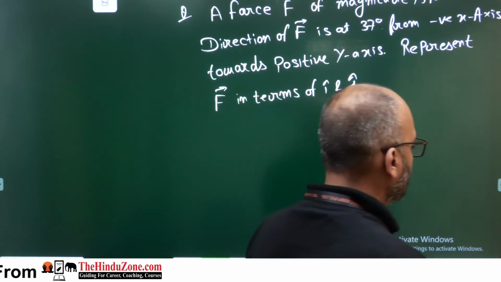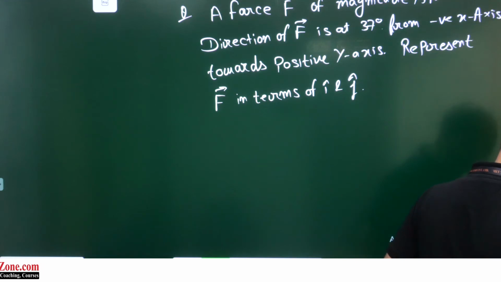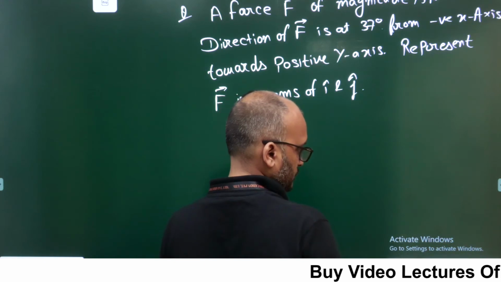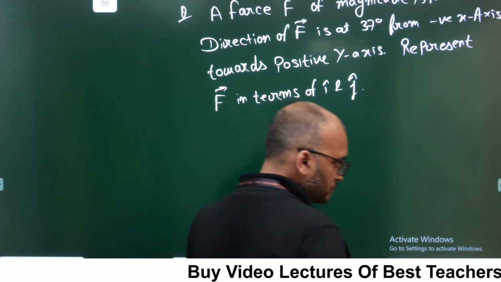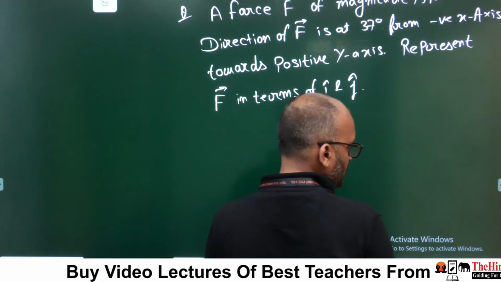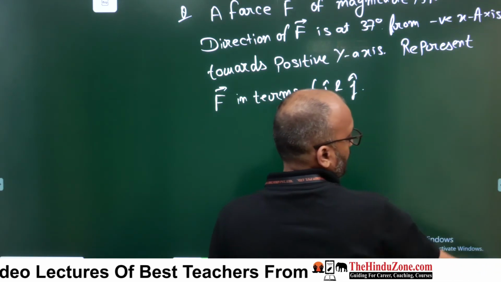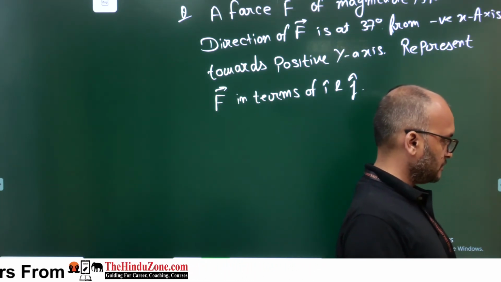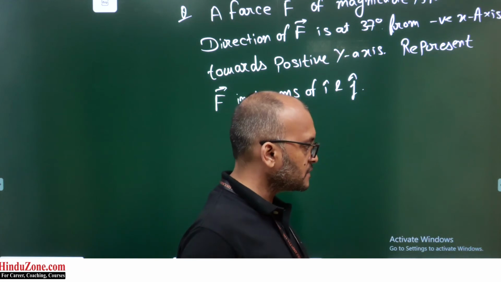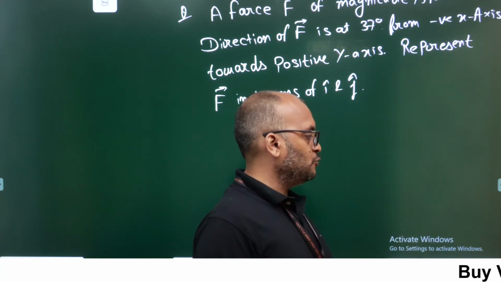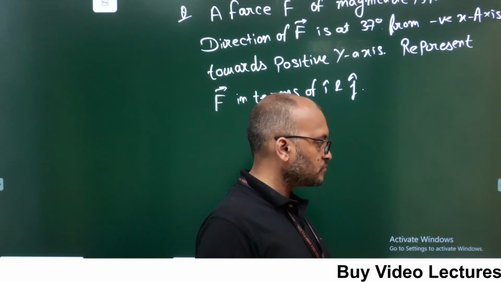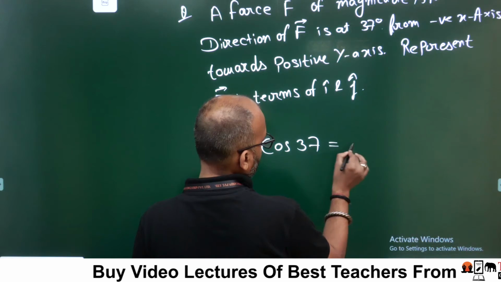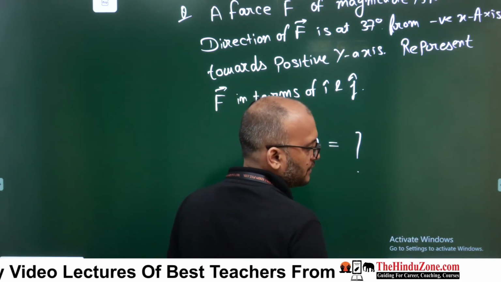Vector is not having any x component. You have used calculator, Reshma? Reshma and Sheetal, you both used calculator. So you know value of cos 37. What is the value of, yeah?